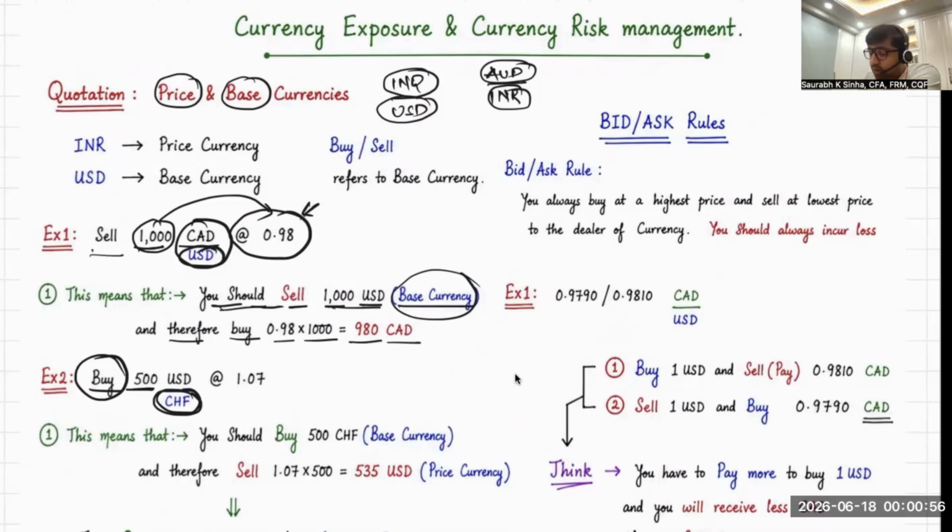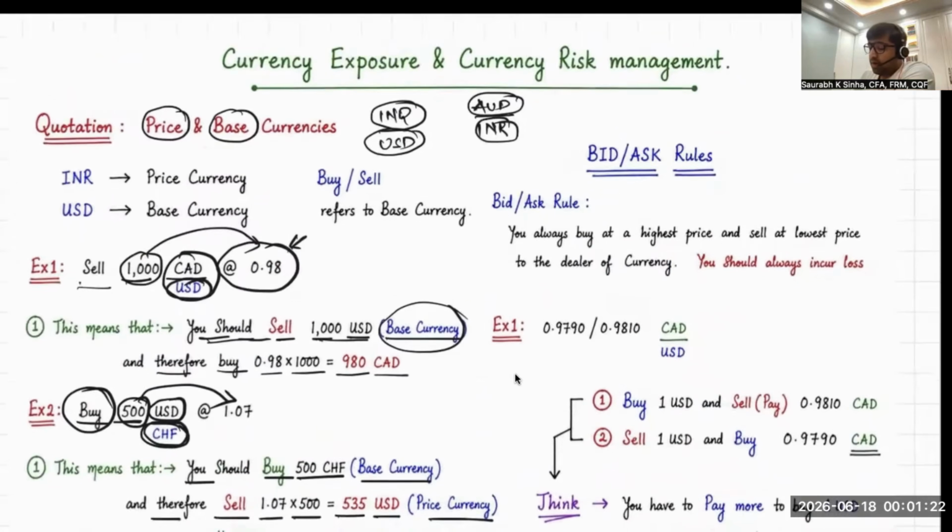Therefore, you need to sell the price currency, which means you have to multiply 500 into 1.07. So you buy 500 CHF, which is the base currency, and therefore you sell 1.07 into 500, 535 USD, which is the price currency. That's it.